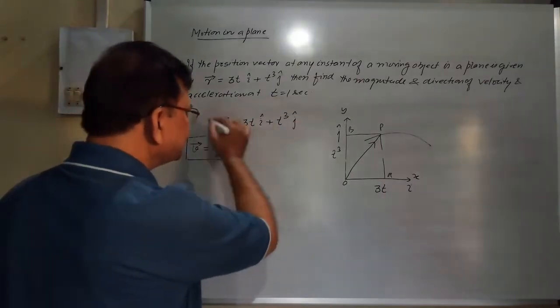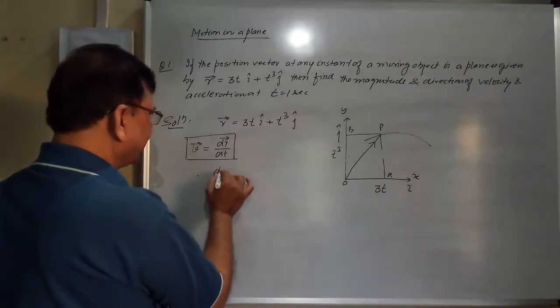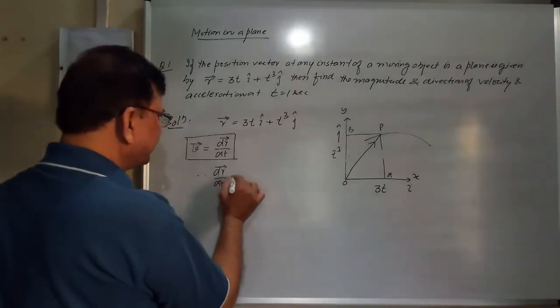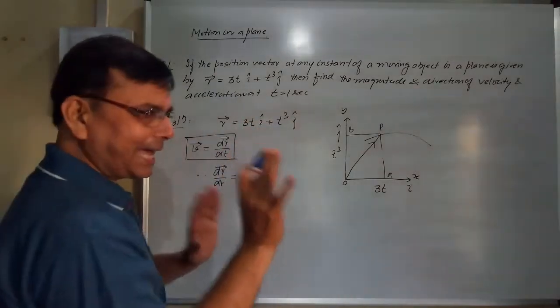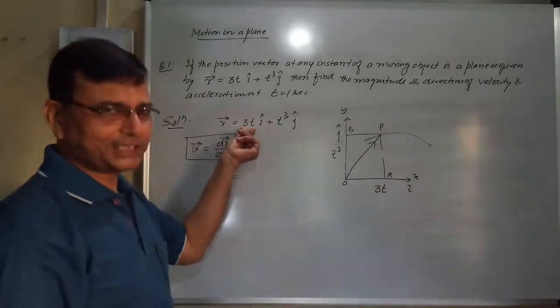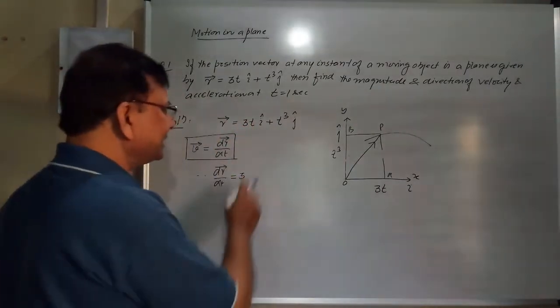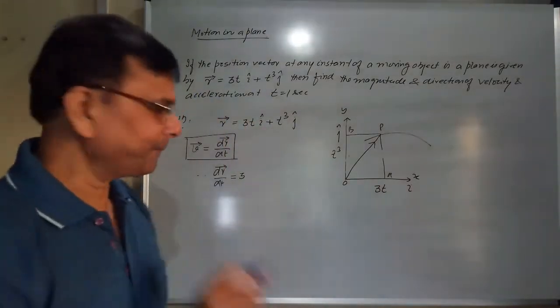That we know, right? So this we will differentiate. Therefore, dr by dt is equal to, if we differentiate this, so i and j will remain as it is, 3t will be differentiated. So 3 is constant, 3 will remain as it is, t is differentiated, then differentiation of t is 1.